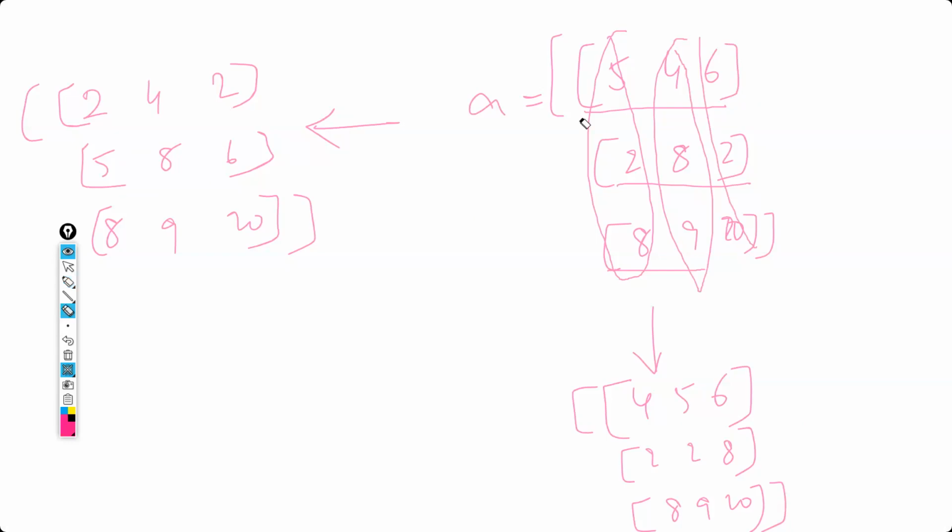Column. Take the column wise. Take the first column. Separately you take first column and sort it. Take the second column and sort it. Take the third column and sort it. This is called as row wise sorting. This is column wise sorting.